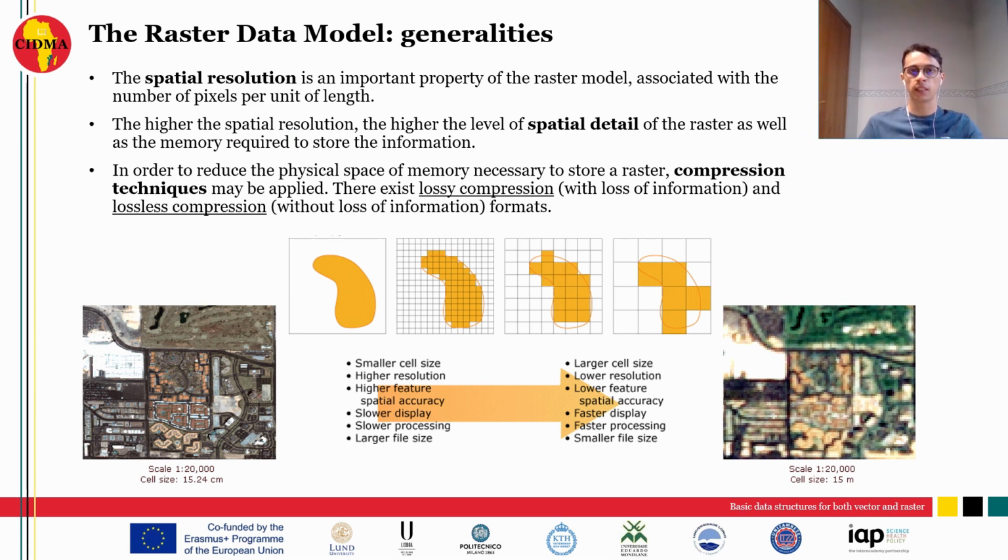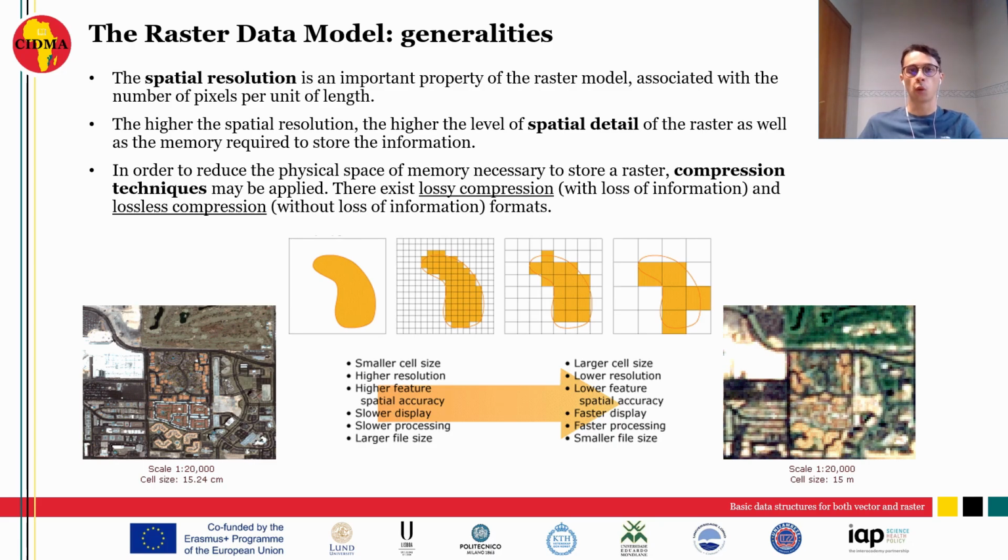It is particularly important because the higher the spatial resolution, the higher the level of spatial detail provided by the raster, as well as the memory space required to store the information. It is possible to apply compression algorithms to reduce the physical space necessary for the raster storage.